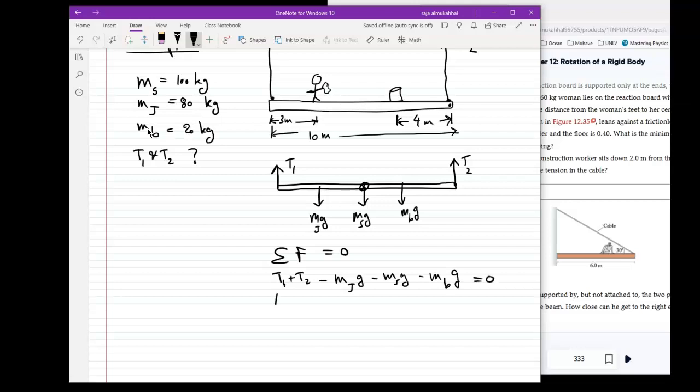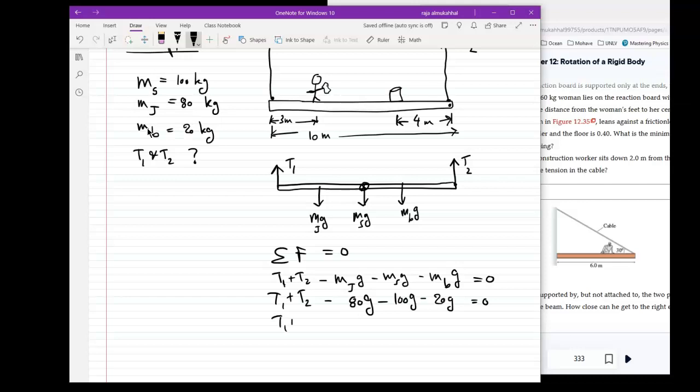Let me just continue on with it. T1 plus T2 minus the weight of Joe, minus 100g, with g here being 9.8, okay? I'm trying to do it in one shot, for the scaffold minus the bucket 20g, if you will, equals 0.